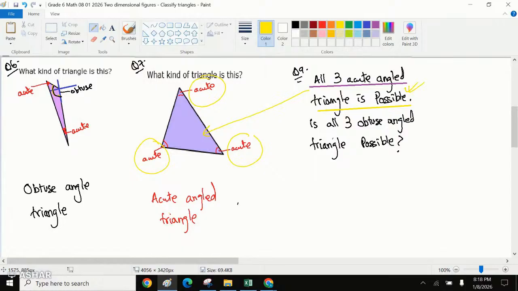For question number 9, we know that a triangle can have all three angles which are acute, right? A triangle can be there having three angles that are acute. My question is, is it possible that all the three angles are obtuse in a triangle?